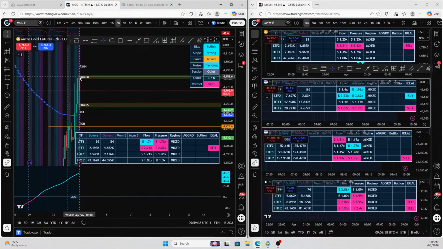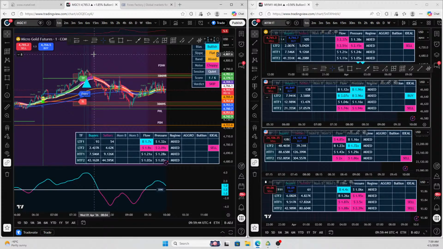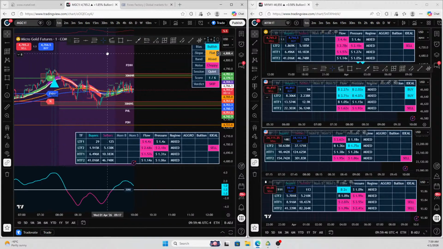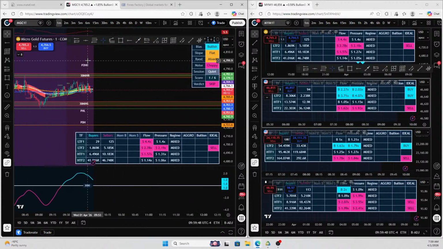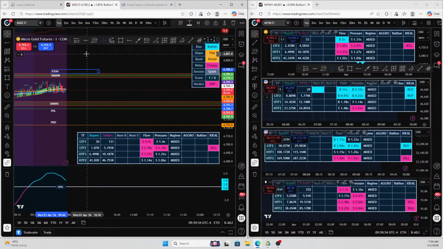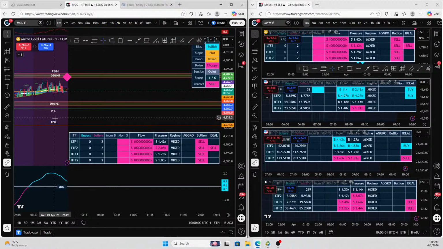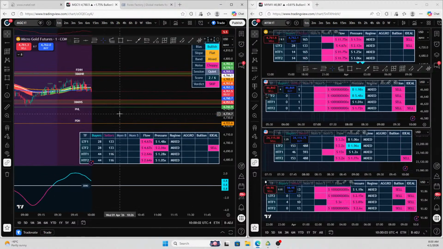Our candle is pretty much aligning with the 30-minute support and resistance. To our high, to our low, 30-minute support, 30-minute resistance, previous day high. Let's see.